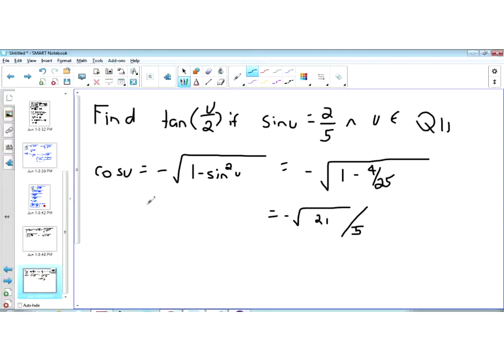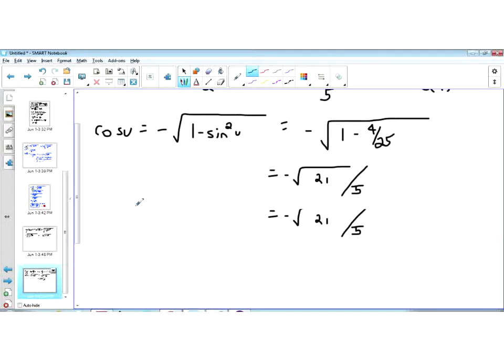Okay, so that leaves the tangent of u over 2 equaling 1 minus the cosine of u over the sine of u.